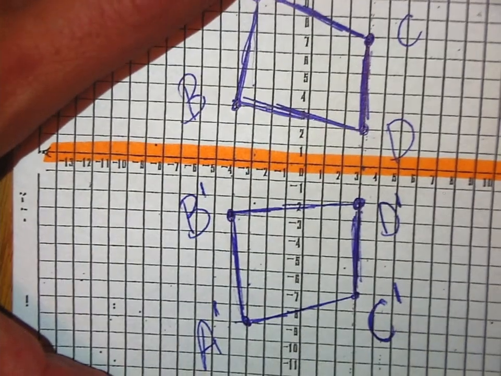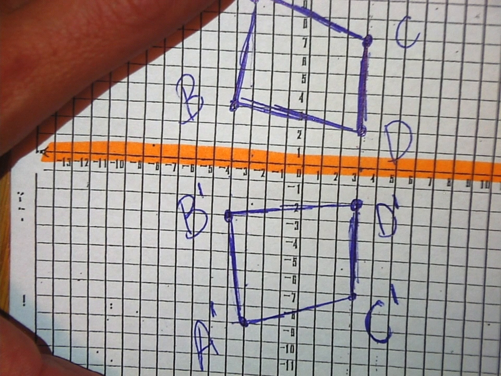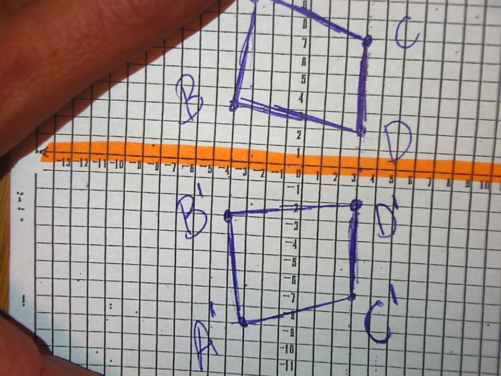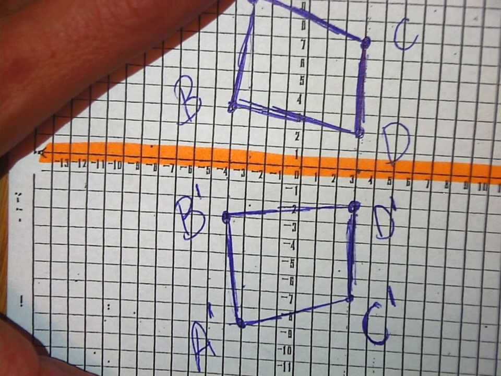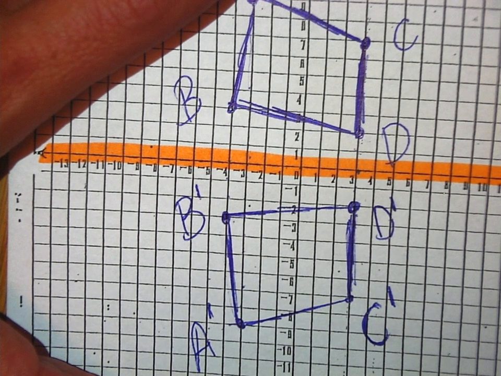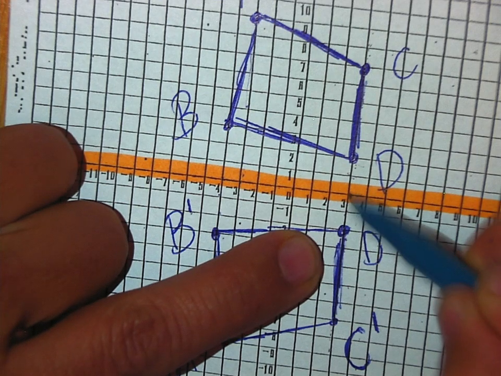What's B prime? Negative 4, comma, negative 3. What's your A prime? Negative 3, comma, negative 9. And your C is 3, comma, negative 7.